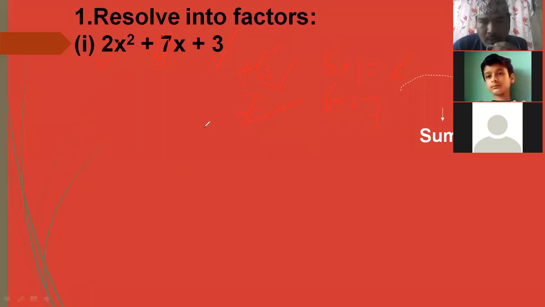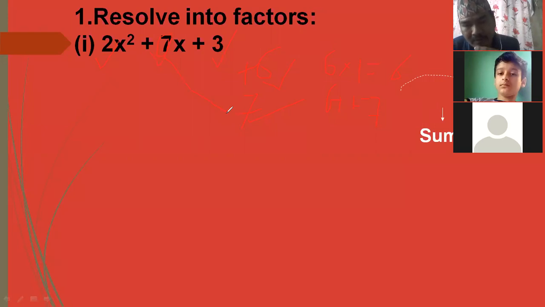So again, I repeat, look here. When we multiply 2 and 3, what comes? Plus 6 comes or minus 6 comes? Plus 6 comes. Plus 3 and 2, this will be plus 6. That's why we get this 7 by adding, as I had shown in the previous table.